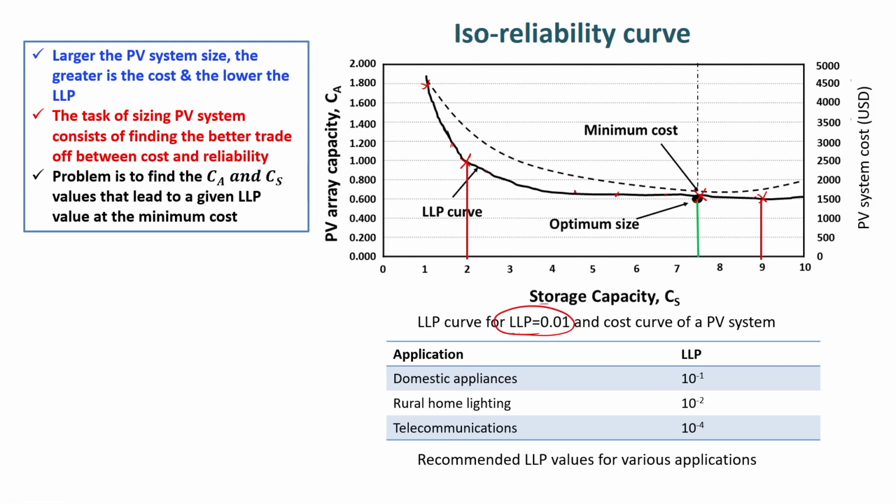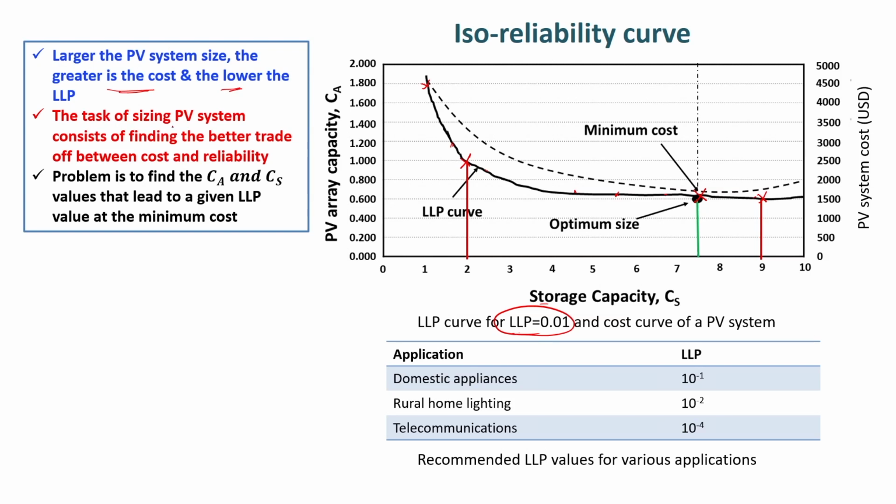Okay. So, here we can make some points. The larger the PV system, the greater is the cost and the lower the LLP value. So, that means we have to increase the cost, but our target is to minimize the cost. At the same time, we need to minimize the LLP value.